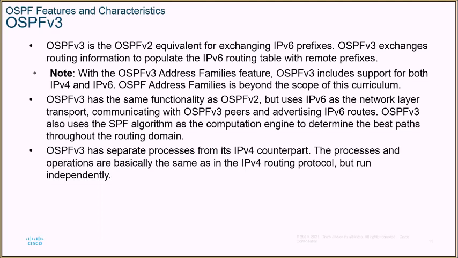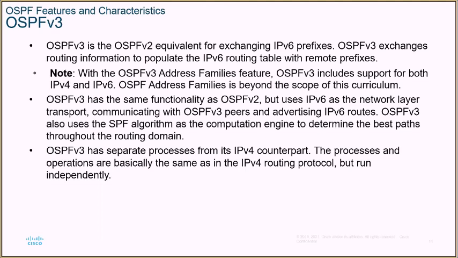OSPF address families is beyond the scope of this curriculum, so that's probably CCNP, you want to do that. Version 3 is the same functionality as version 2, but of course is designed for IPv6. And of course, you need to be running version 3 on all the other routers as well. Version 3 also uses the SPF algorithm as the computation engine to determine the best paths throughout the routing domain.